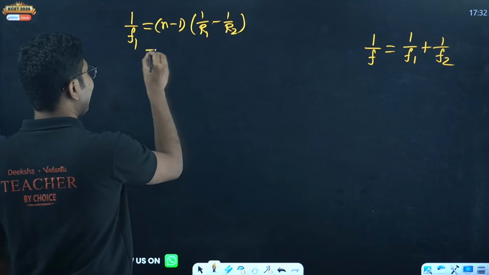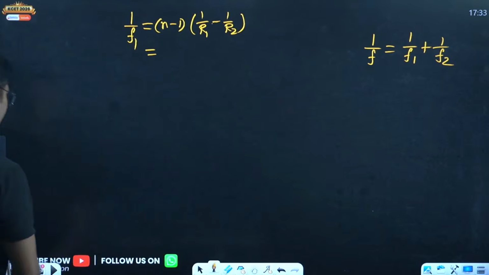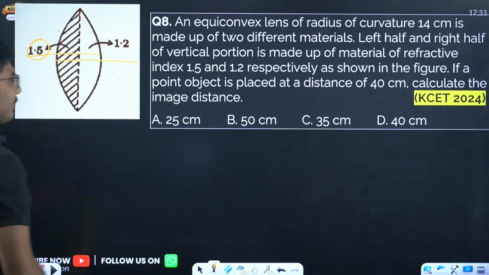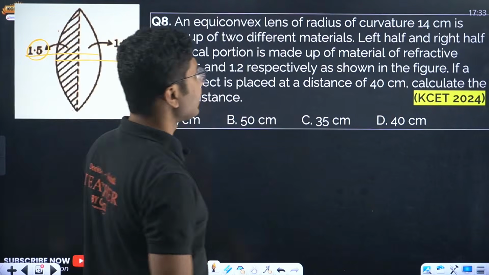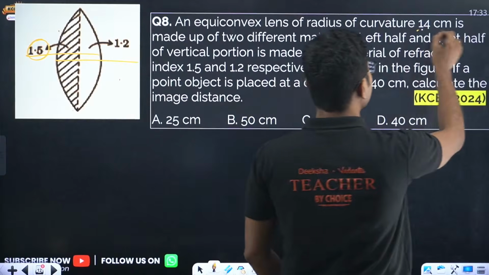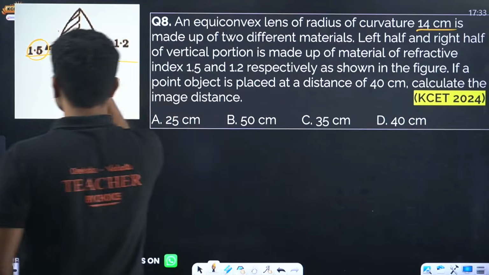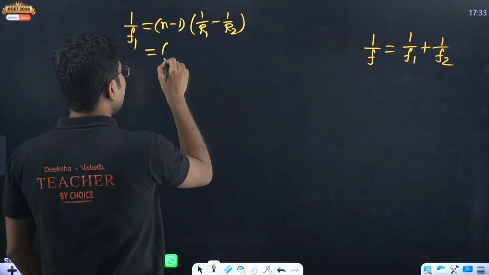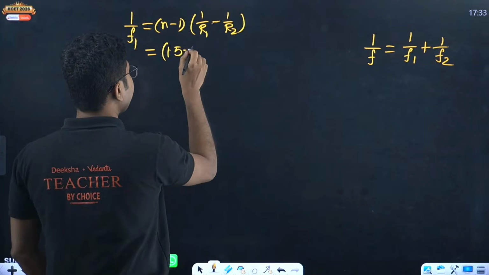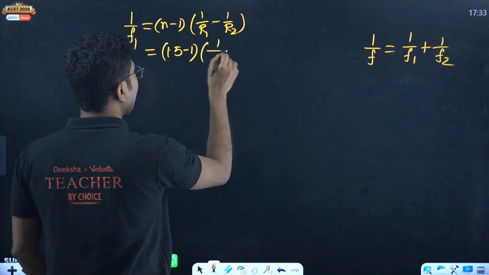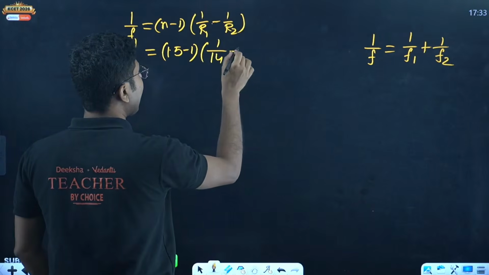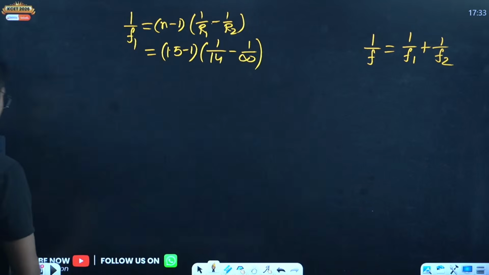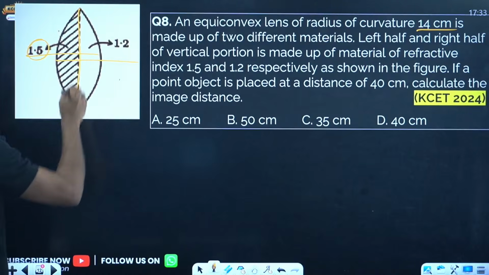So what is n? First we are solving for the left hand side. So n is 1.5. Okay, and what is the radius of curvature? Radius of curvature is given here as 14 centimeter for this first surface. So we will put 1.5 minus 1 by 14, that is positive, minus 1 by infinity. Why 1 by infinity? Because this one is flat.